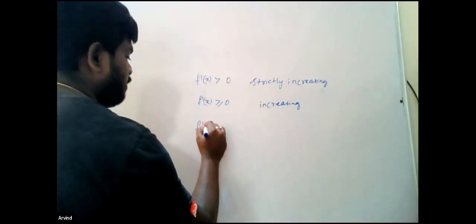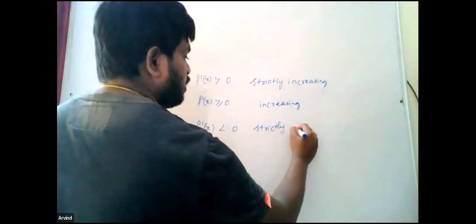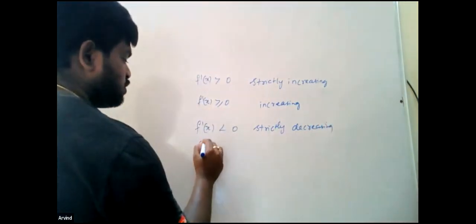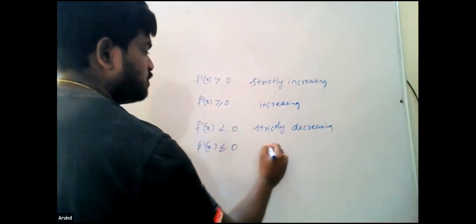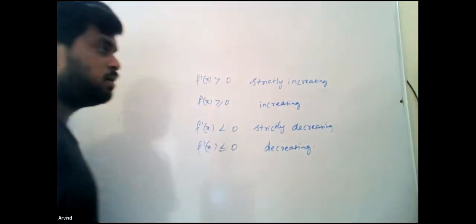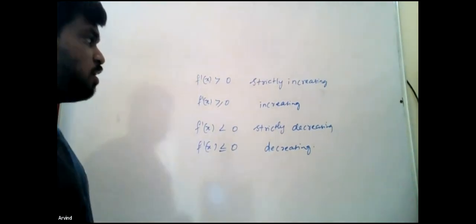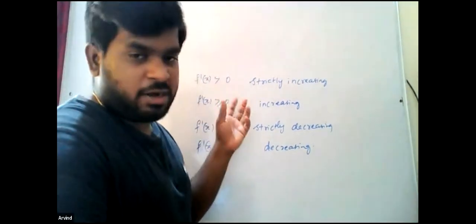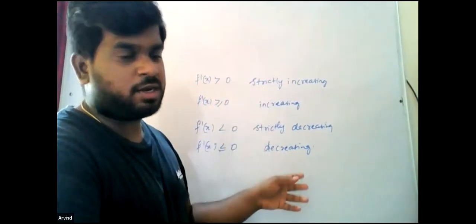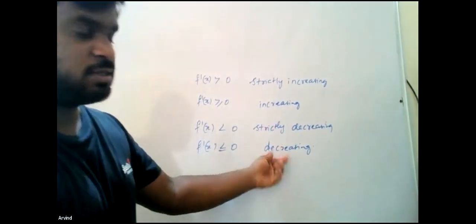Similarly, f dash of x less than 0 means strictly decreasing, and f dash of x less than or equal to 0 means decreasing. This is what you will do: in the given interval, if f dash of x is greater than 0 it is increasing, if less than 0 it is decreasing.